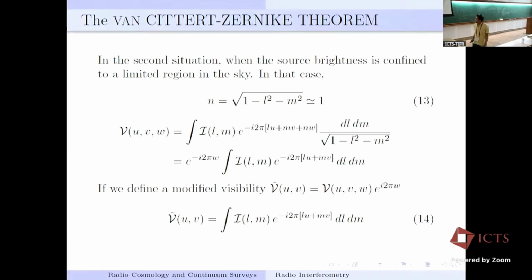Okay. Now, any Fourier transform relation is an integration from minus infinity to plus infinity. Basically, each component over here depends on all the components on the other side. So it means to get this I(l, m), you need to measure the visibility at all the UV points, correct?